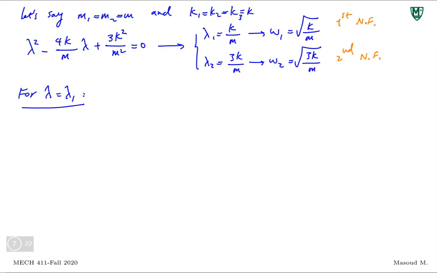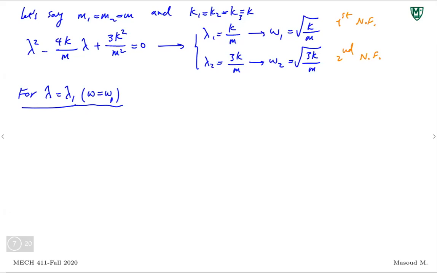Now let's find, that's where we were, eigenvectors for each, which are going to be the mode shapes of the system. So for omega 1, let's say omega is equal to omega 1. When lambda is lambda 1, omega is omega 1.